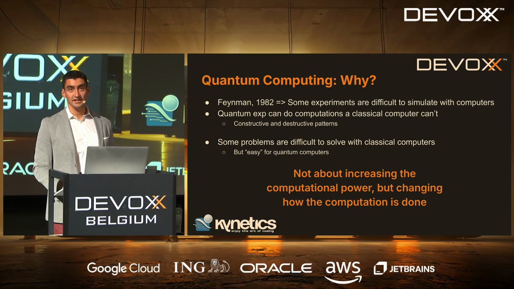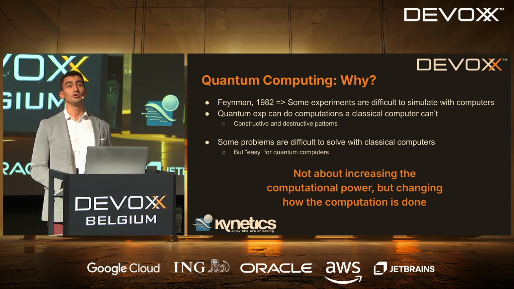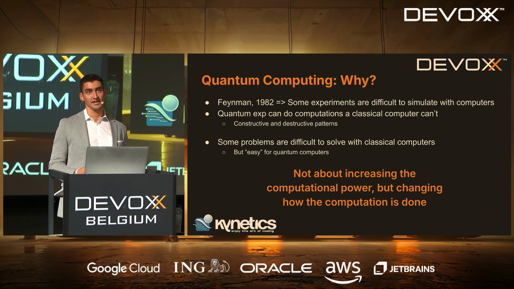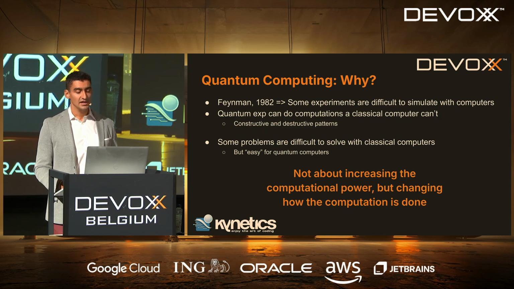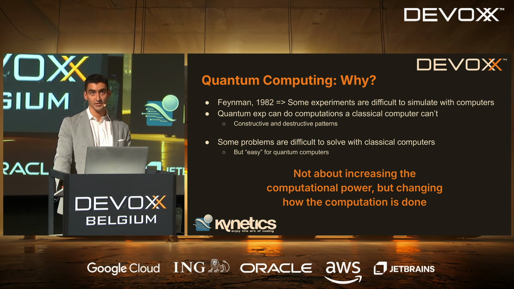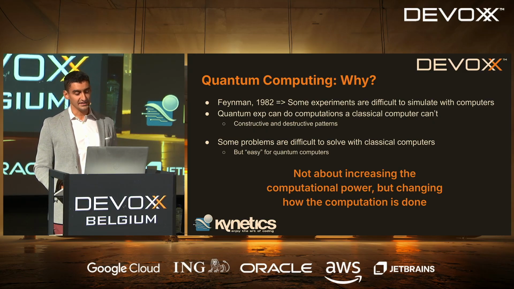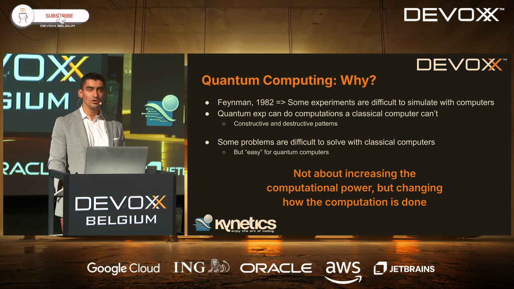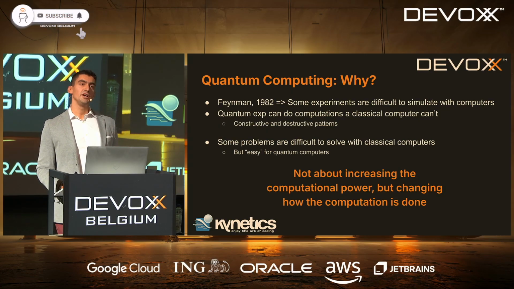Now, in the 1980s, Richard Feynman noticed that there are some quantum experiments, so things happening at a quantum particle level, that are not easy to simulate using a classical computer. Now, the reason for that is that quantum experiments are probabilistic, but then Feynman said, well, maybe also these quantum experiments are capable of doing computation that a classical computer cannot.